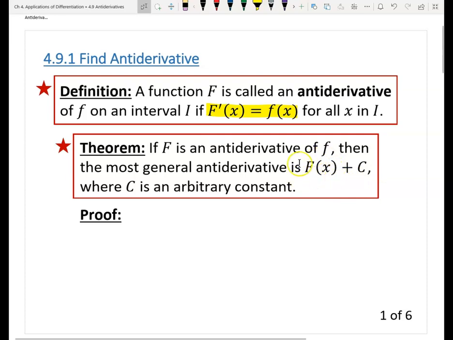This means if we find one antiderivative, F is one antiderivative, usually we call it the particular antiderivative. Let me write this down.